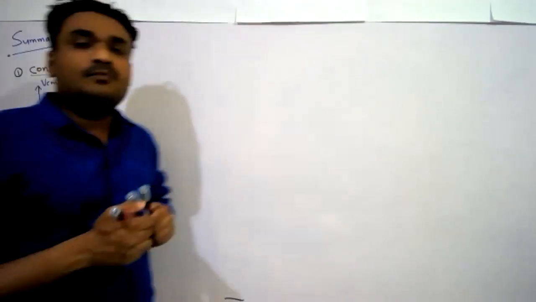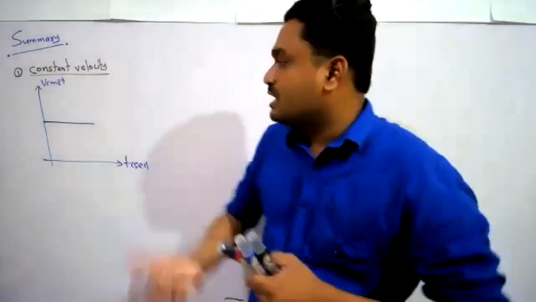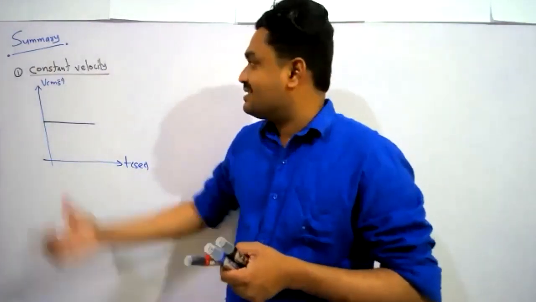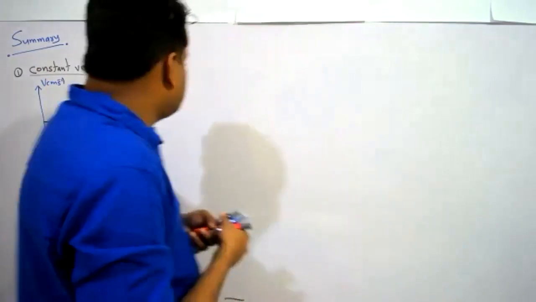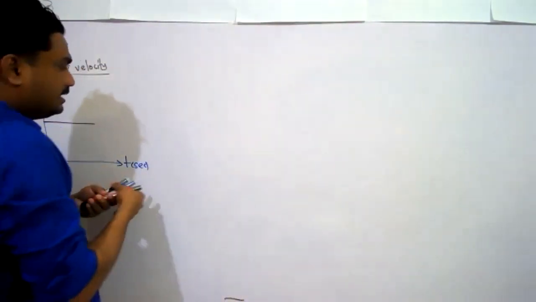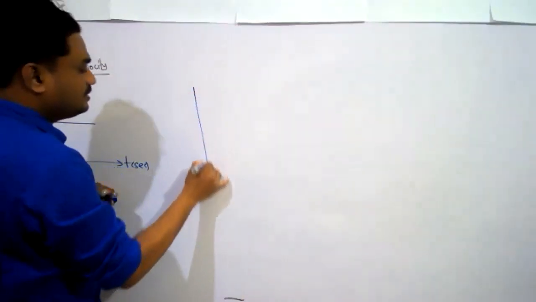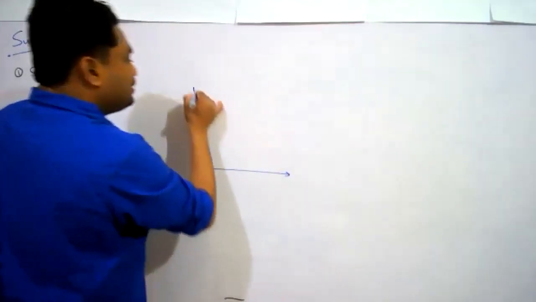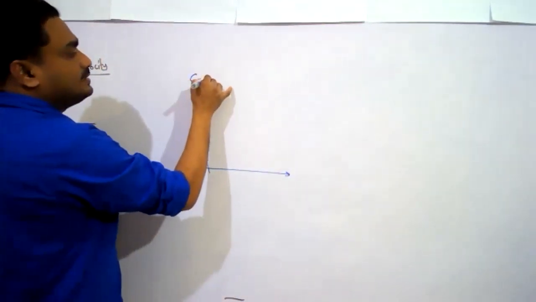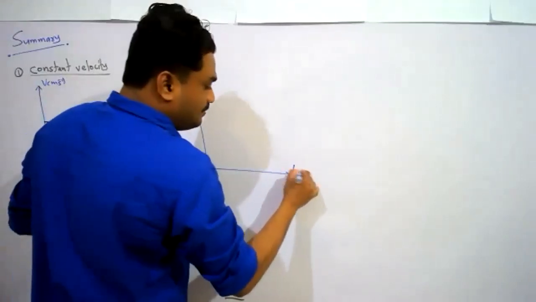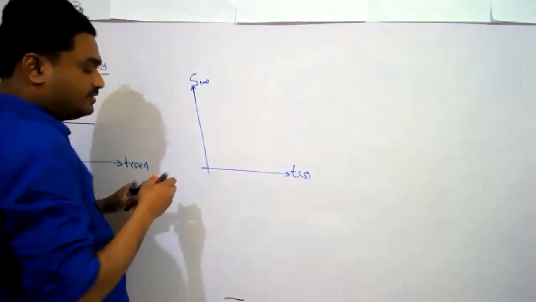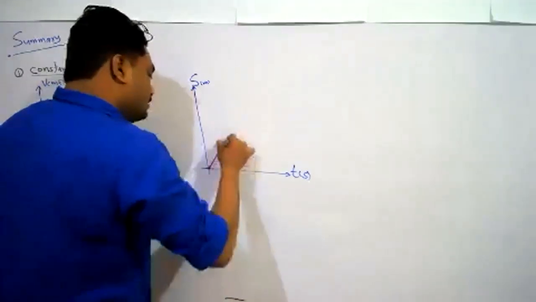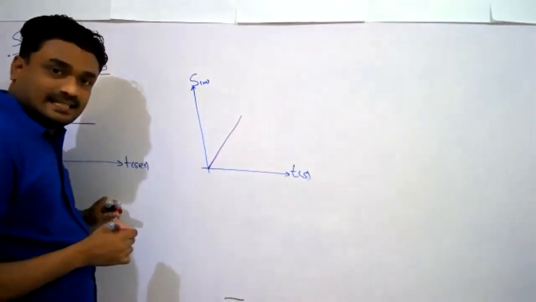How do you represent the same motion in a displacement time graph? For displacement, let me use the letter S, and for time, T. In a displacement time graph, constant velocity is indicated something like this.